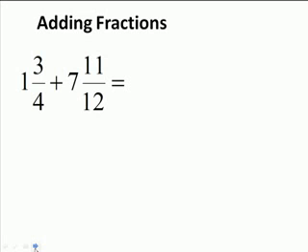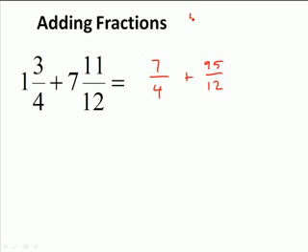So converting these to improper fractions, 4 3/4 is the same as 4 times 1 plus 3 is 7 over 4, plus 7 and 11 twelfths. 12 times 7 is 84, plus 11 is 95 over 12. Alright, I now need to find the lowest common denominator of 4 and 12. Once again, don't fall into the trap of multiplying the two.